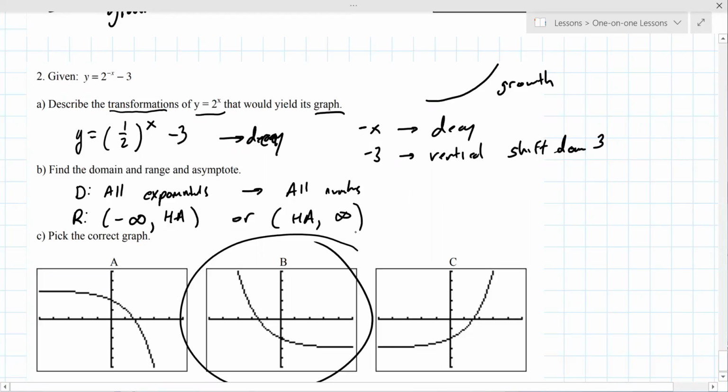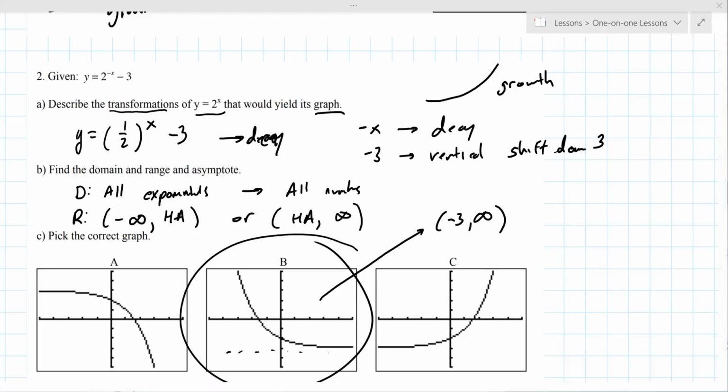It depends on whether it's going up or going down. Based on this graph, you can tell that the horizontal asymptote is at -3, and it goes up from there to infinity.